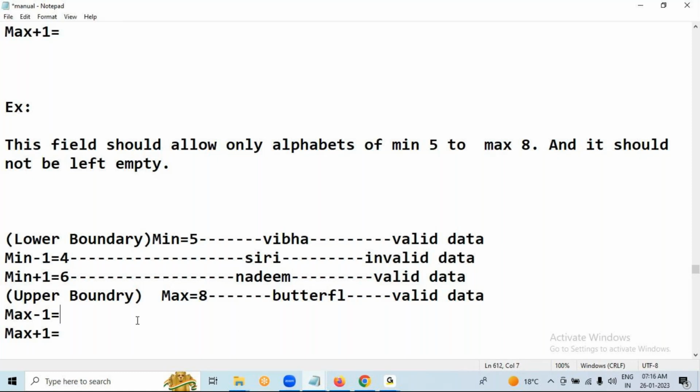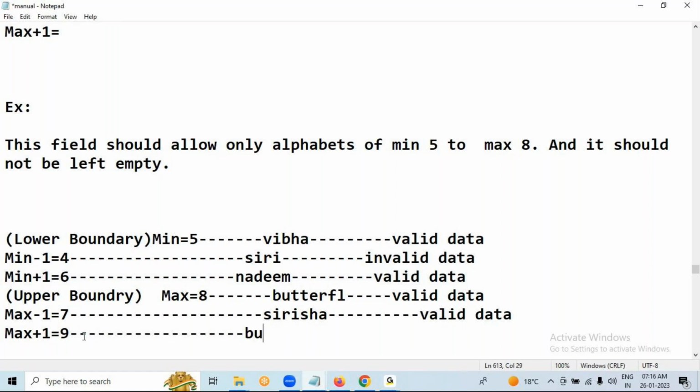Next, maximum minus 1 is 7, and it will be valid data. Next, maximum plus 1 is 9, and this will be invalid.